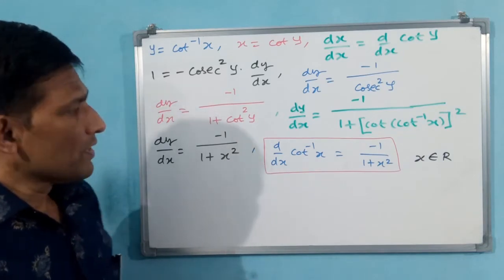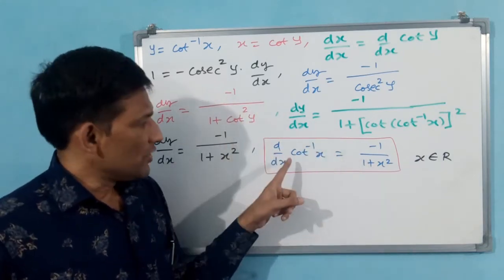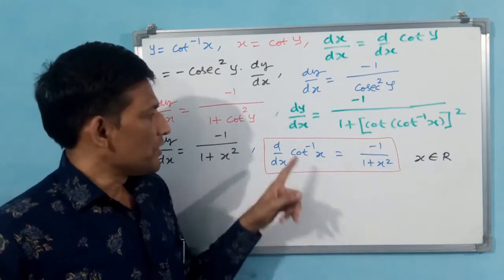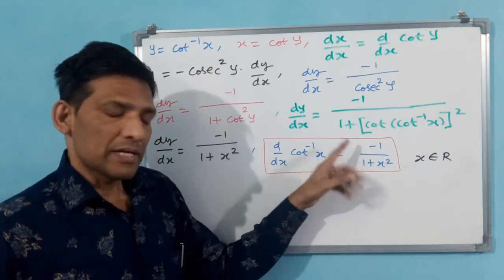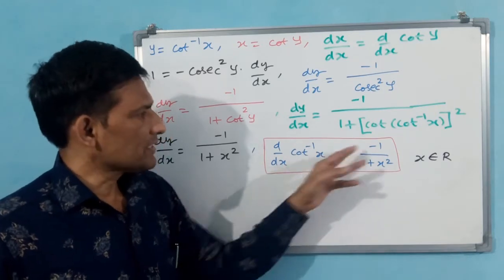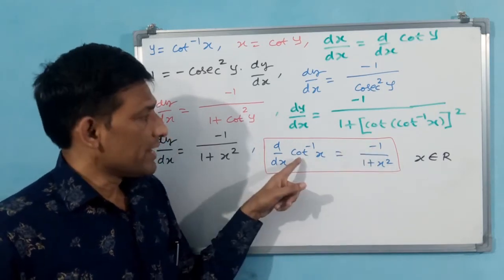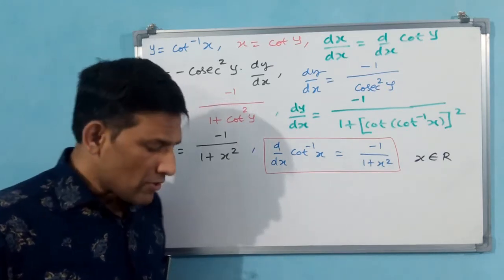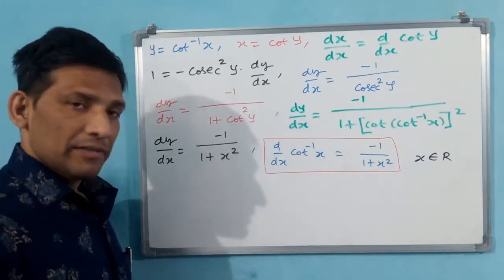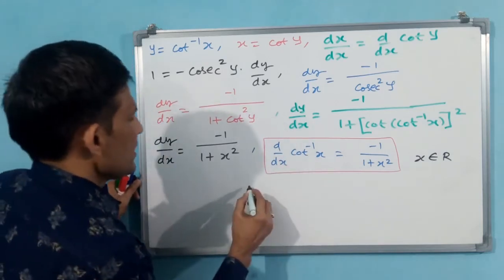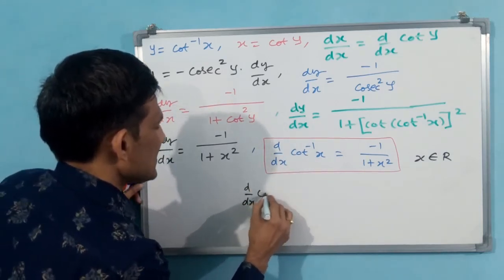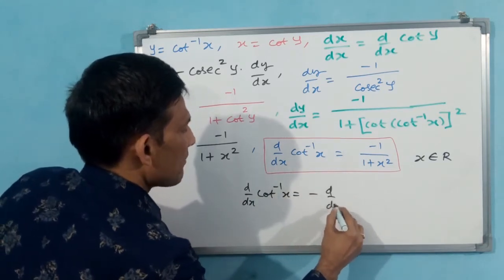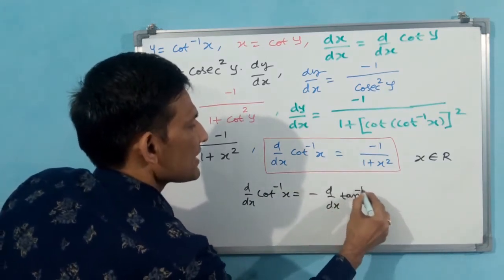Second thing, have you observed with tan? d by dx of tan inverse x is equal to plus 1 by 1 plus x square, and d by dx of cot inverse x is equal to minus 1 by 1 plus x square. Then you can write d by dx of cot inverse x is equal to minus of d by dx of tan inverse x.